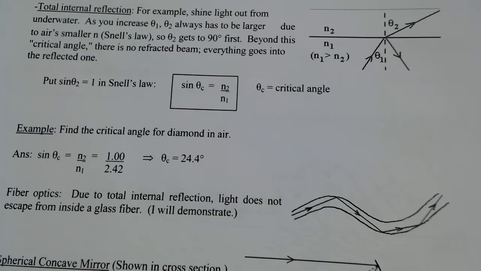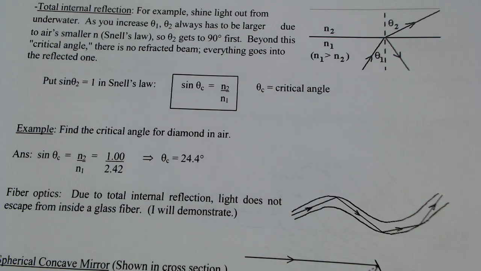But the basic idea is that it doesn't have to be any kind of special material. I used to demonstrate this with a piece of glass stirring rod material that I got out of the chemistry lab and bent over a Bunsen burner. But I've got a nicer little gadget now, but it's total internal reflection.